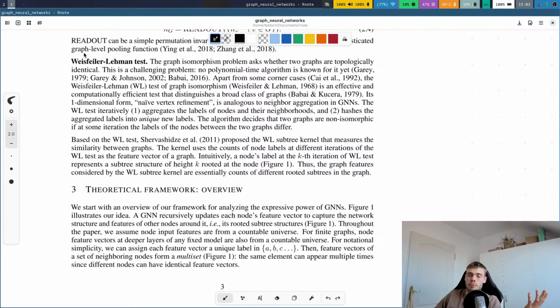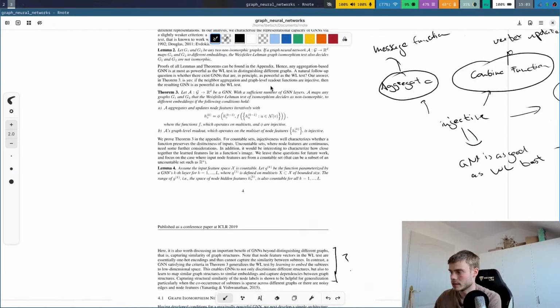And this is also not a perfect test, as it seems. So they call their graph neural network graph isomorphism networks because their networks handle more or less isomorphic graphs the same. Yeah, and that's basically it.